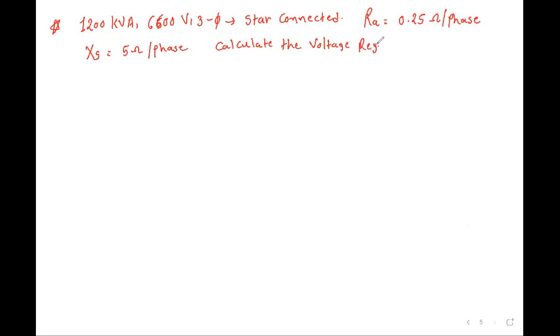We have to calculate the voltage regulation for two cases at full load. First case, let's say my power factor is 0.8 lagging, and second case, let's say it is 0.8 leading. Okay, so these are the data.